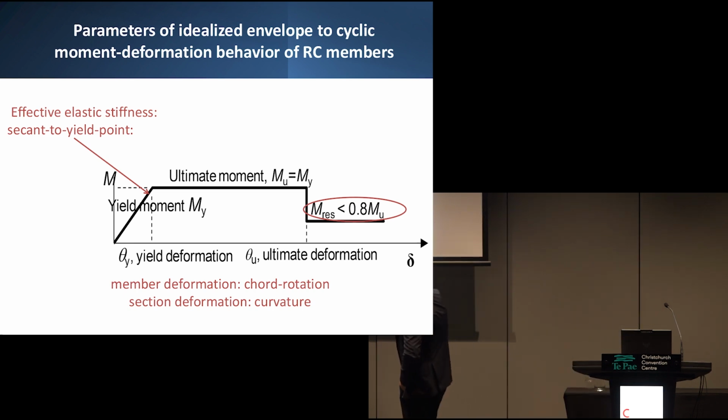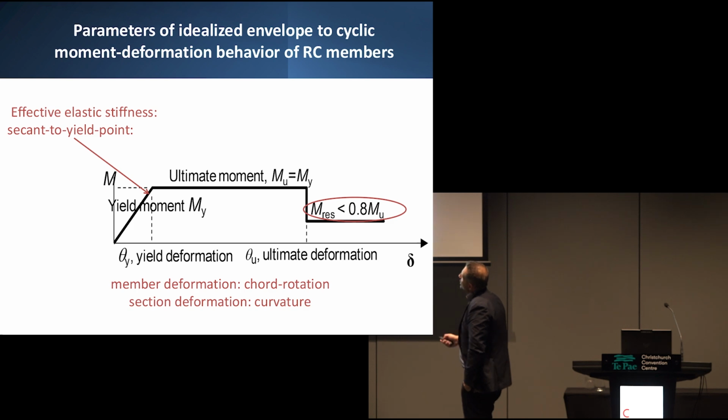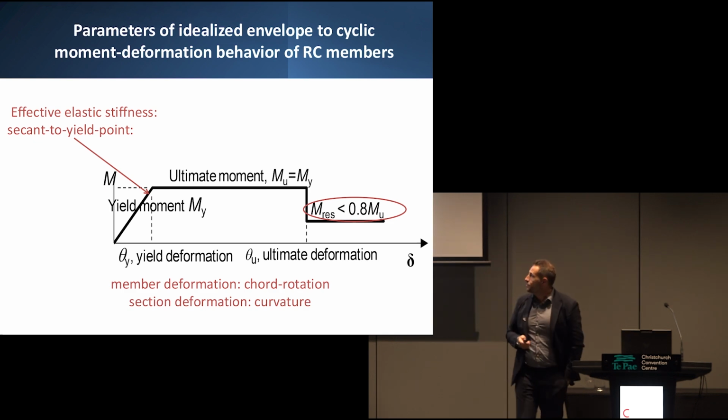moment rotation, right? In this case, you will have to define, obviously, the secant stiffness, and then you will have the yielding rotation, the maximum moment, the ultimate moment, and that is defined when you have a drop of 20% of the capacity.